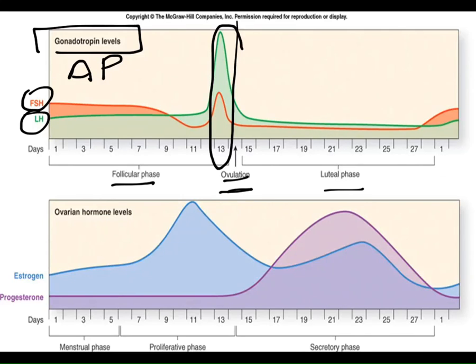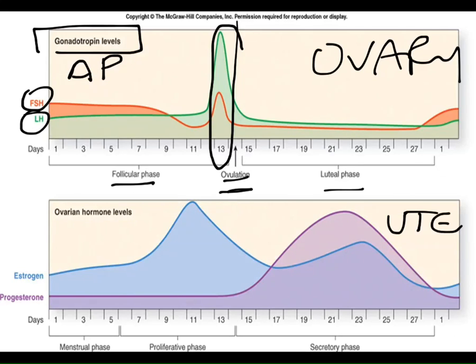On the bottom, this was happening in the ovary, right? We're in the ovary. Down here, we're in the uterus. These are the ovarian hormones. So this is estrogen and progesterone. Who's producing them? The ovary. What's their effect on the uterus?